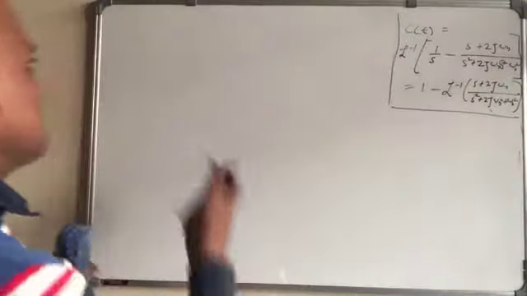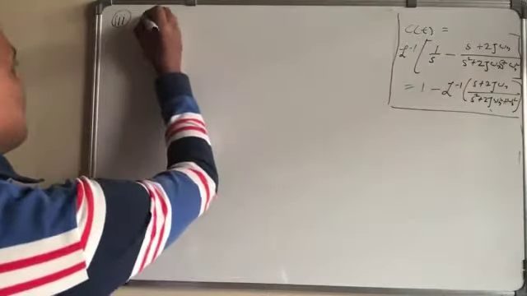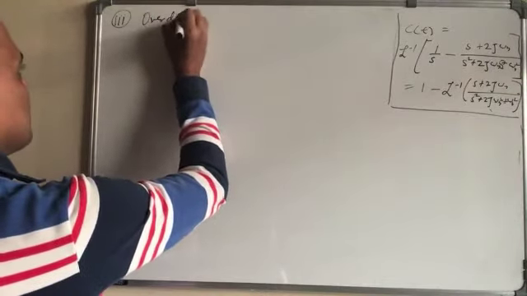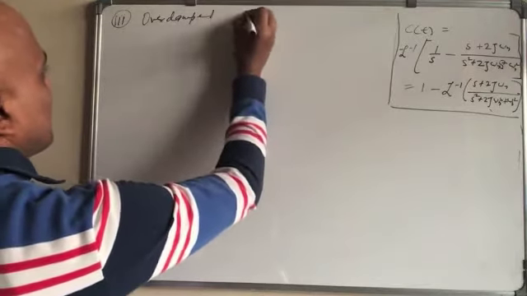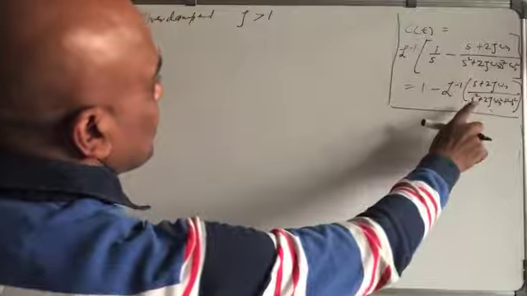Yeah, so that's what we get from here. Now we have the third case, which will be the overdamped condition. That means zeta is greater than 1, and we apply this one.